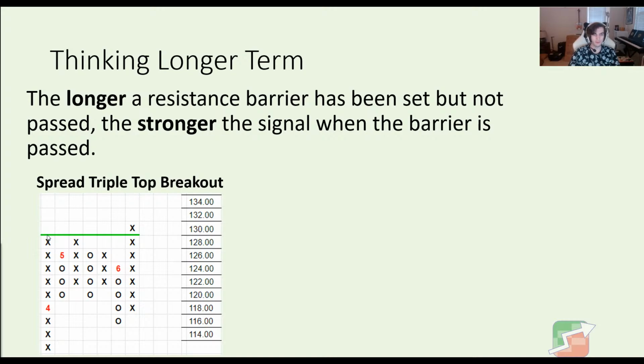The first column goes up and bounces back down and sets our resistance barrier below $130. It goes up again, bounces back down, goes up, but doesn't get all of the way to the resistance barrier. It turns around a little bit early, but that's okay.